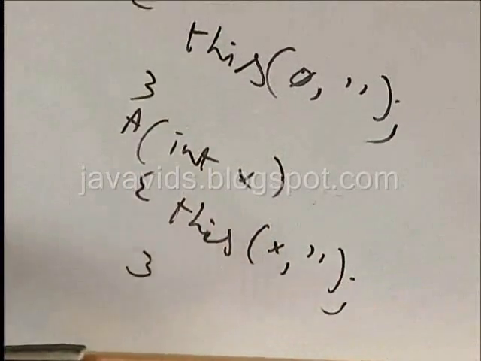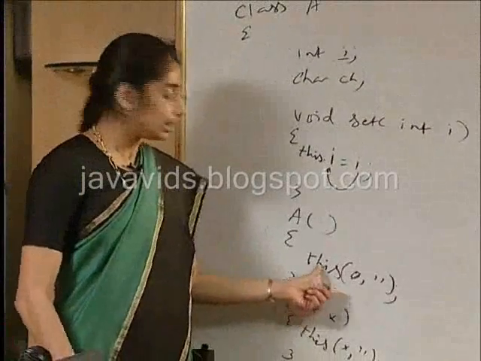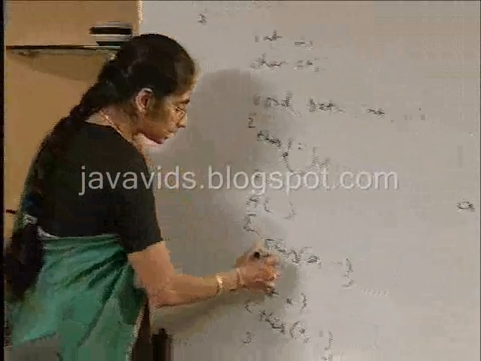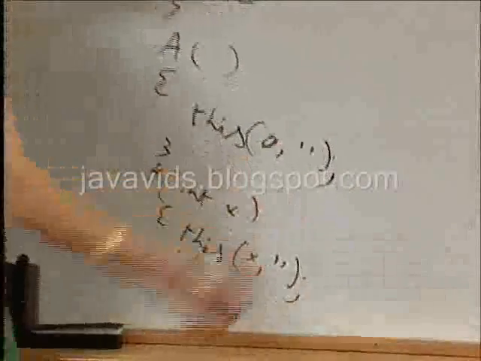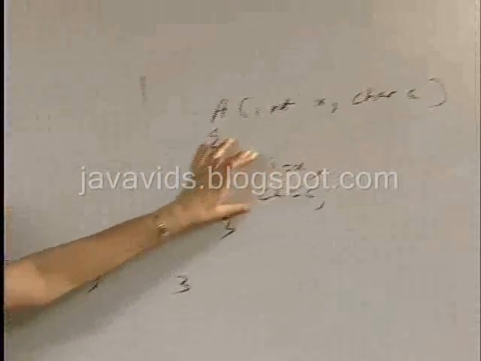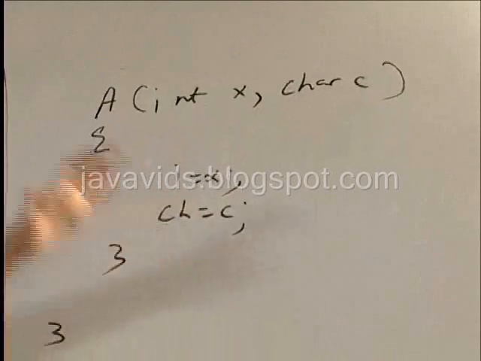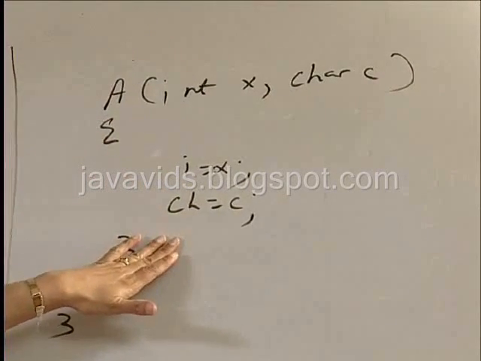Likewise, the this call has to be the very first instruction in a constructor. If you want, you can have any other instructions after the this call. So what's happening here is that the common instructions are available here, plus if you have anything else more, that also gets executed, so you have to be careful about how you're going to write this.